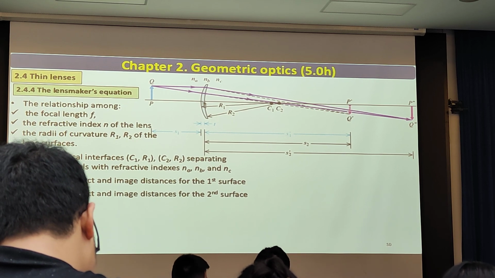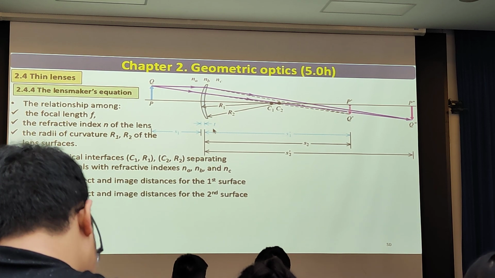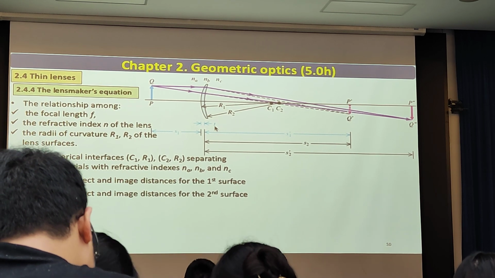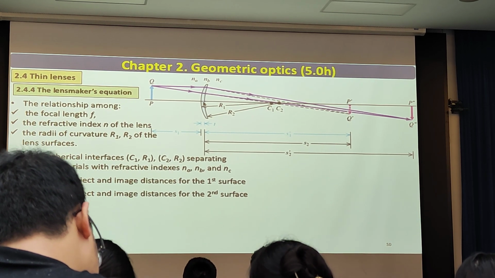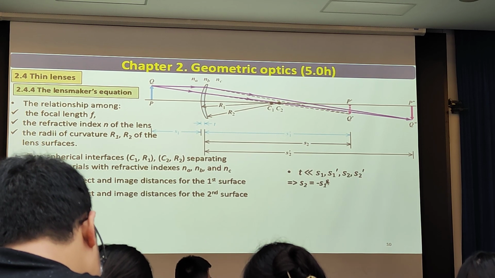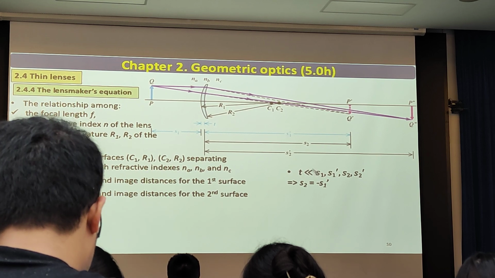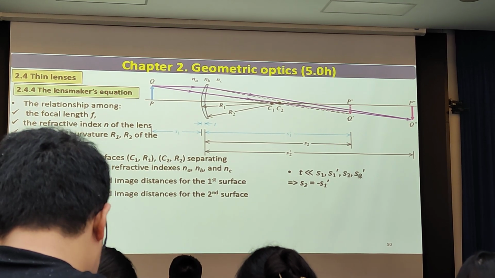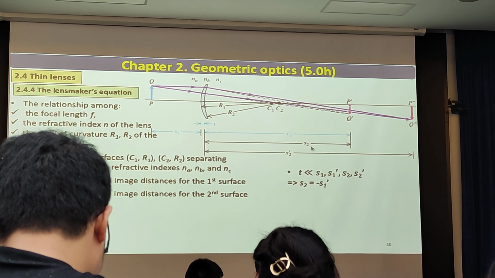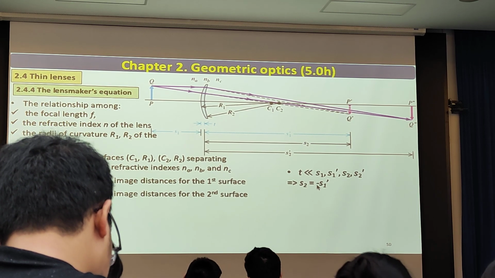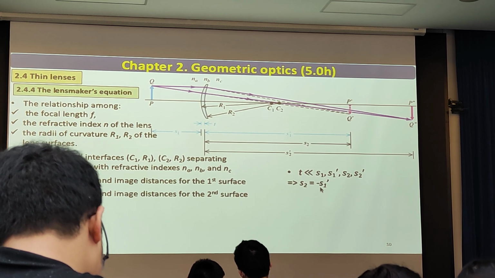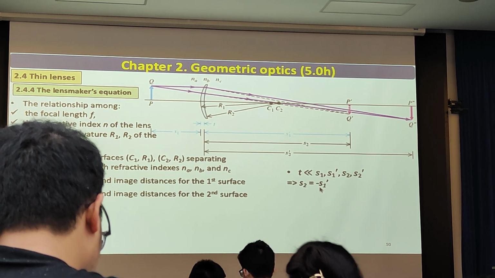And the thickness, here you see T. Yes, it is a very small number and quite difficult to see, but it is T. The thickness of this part is very small compared with S1, S1 prime, S2, S2 prime. So the relationship between S1 prime and S2 is that S2 equals minus S1 prime, because S2 is equal to T minus S1 prime.